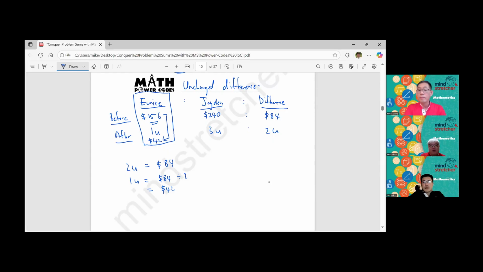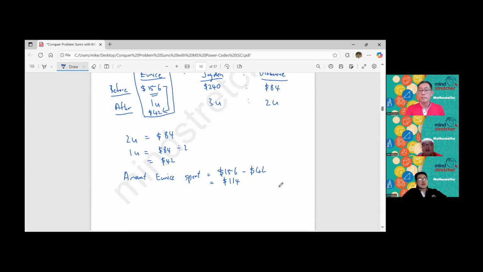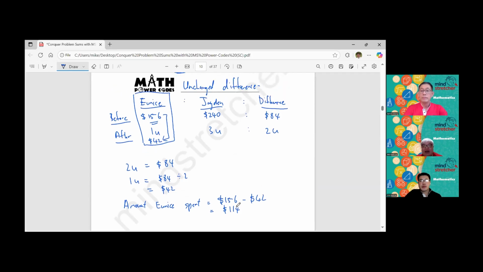That means the amount Eunice spent will be 156 minus 42, which is $114. Since both of them spend the same amount, Jaden will also spend $114.